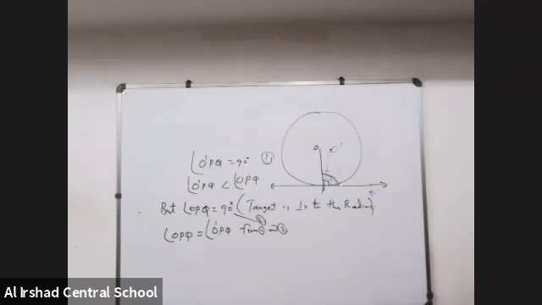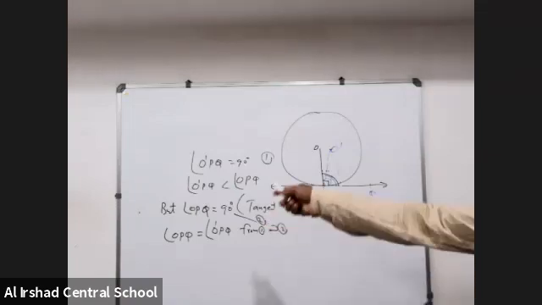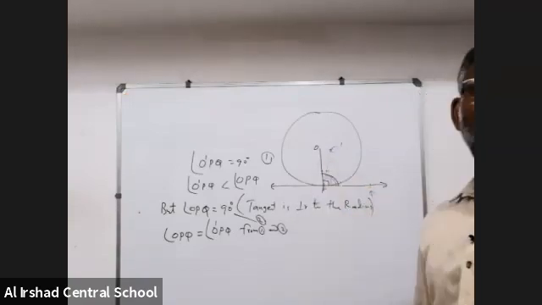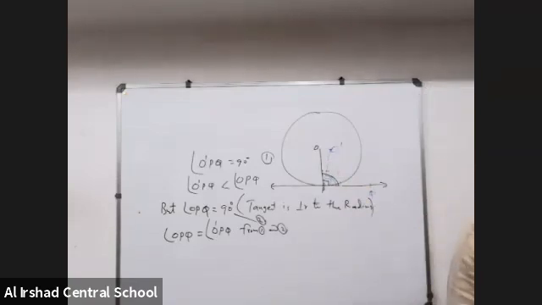Listen again. O is the center of the circle, and AB is the tangent at P. We have to prove the perpendicular at P to AB passes through A. Oh, sorry, not A. We have to prove the perpendicular at P passes through O. So let the perpendicular from P not pass through O. It passes through O dash.